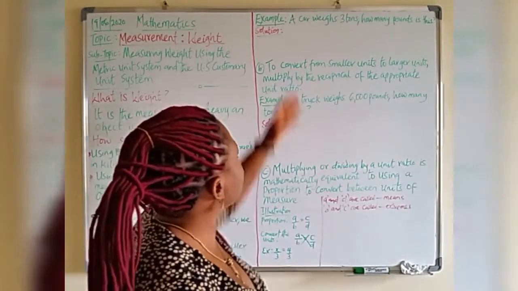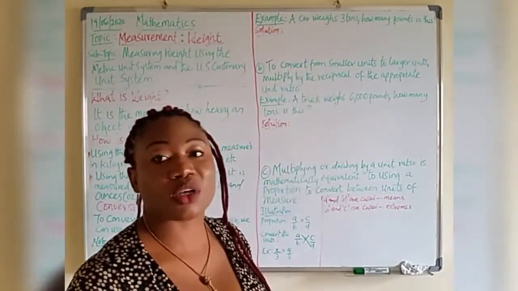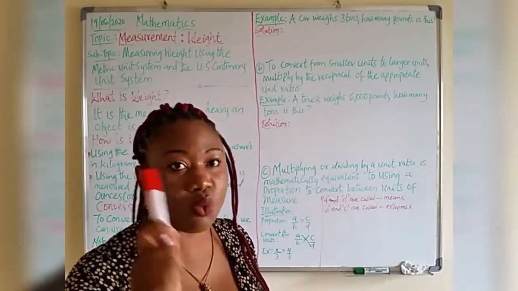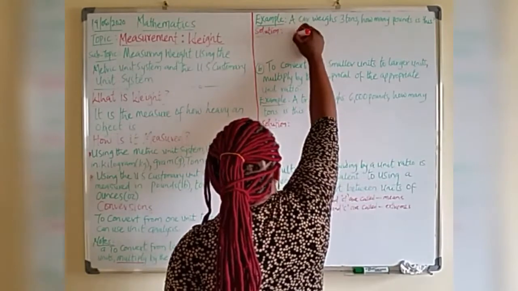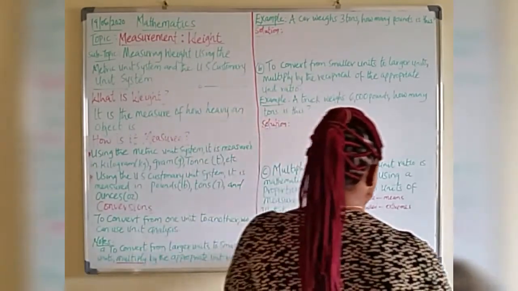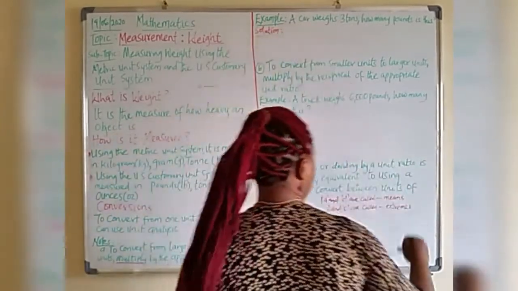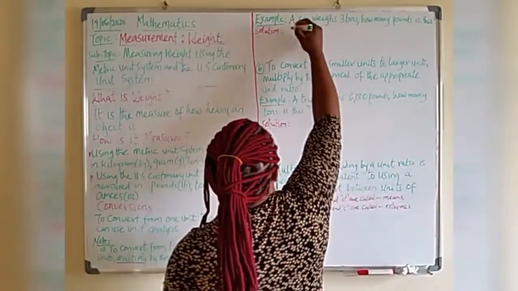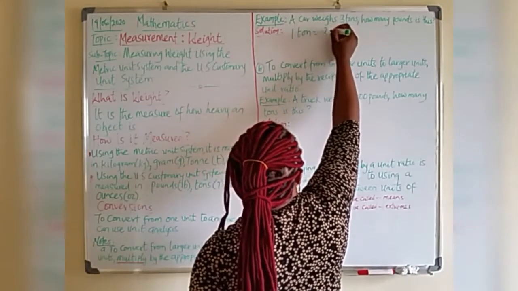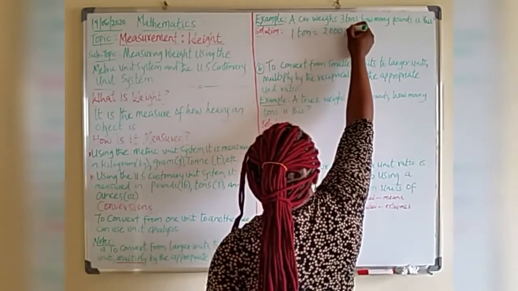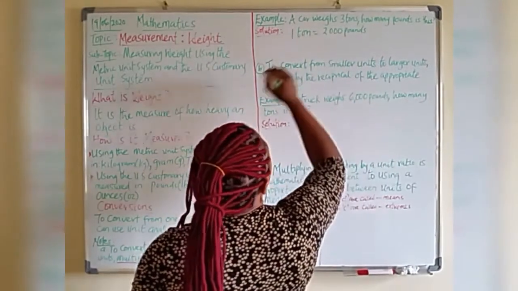appropriate unit ratio. Now in this case, the appropriate unit ratio here would be what? 2,000, because 2,000 pounds make 1 ton. So if 1 ton is equal to 2,000 pounds, right?